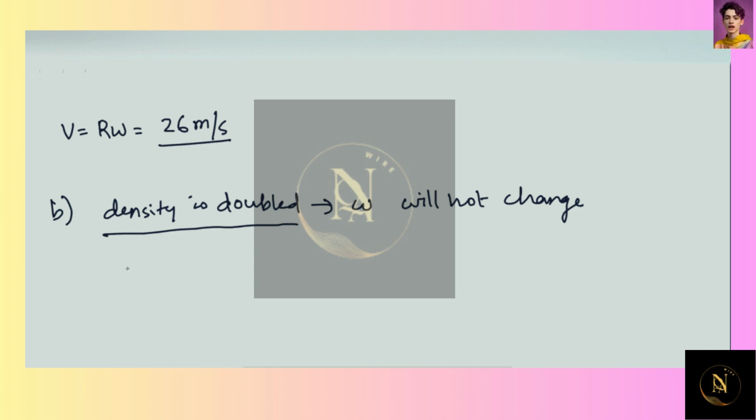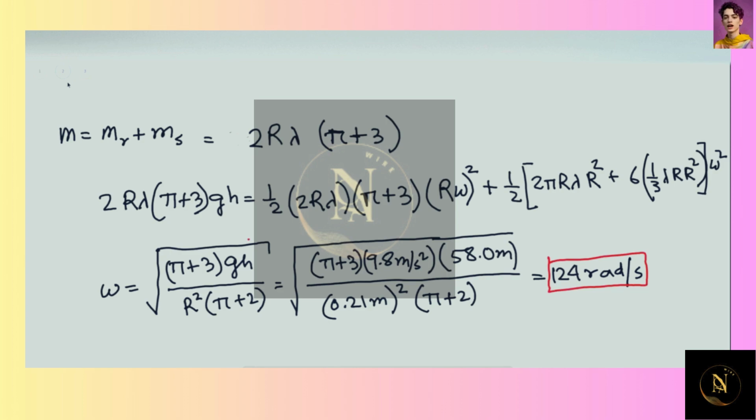And for the radius, now r is doubled. If r is doubled, then omega is inversely proportional to r, because g and h are constant, and these factors are constant as well. So we have omega proportional to the square root of 1 over r squared, which can be written as omega proportional to 1 over r.